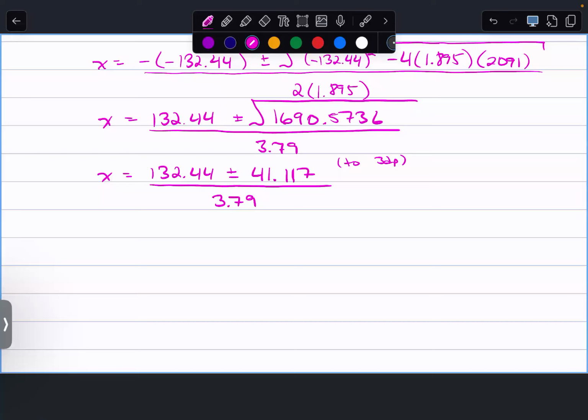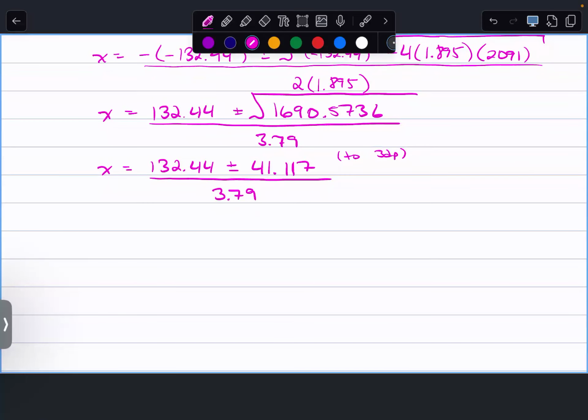We're going to get 2 numbers, which is what we expected. Right? And so we get 132.44 minus 41.117 divided by 3.79. X is roughly 24.096.